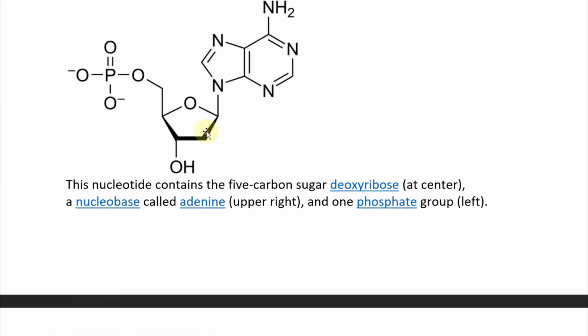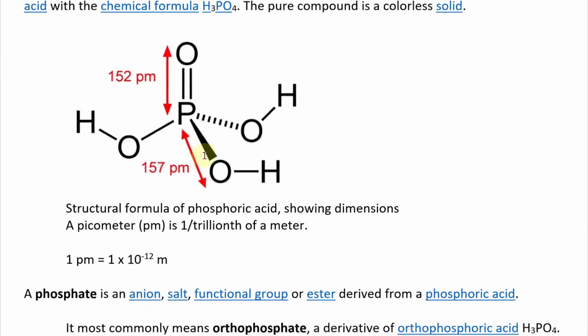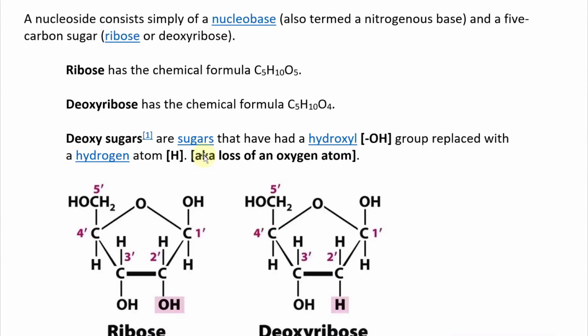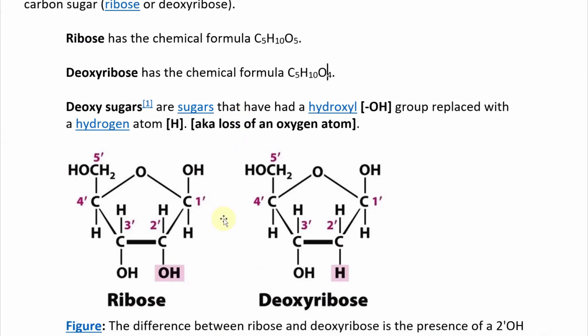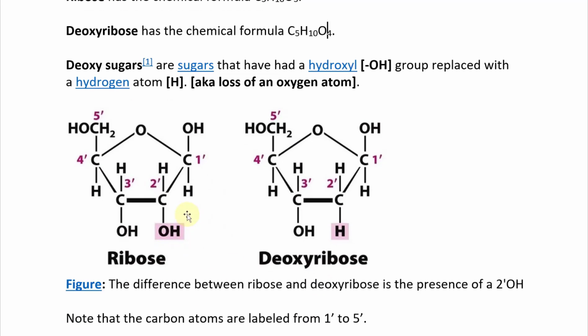In this case, it's a deoxyribose, so it's the loss of 1 oxygen. Let's continue further. Here is an image of ribose and deoxyribose, including all the hydrogens. So there was that carbon there. This is the way of labeling: it starts from here, carbon 1, carbon 2, 3, 4, and then 5.